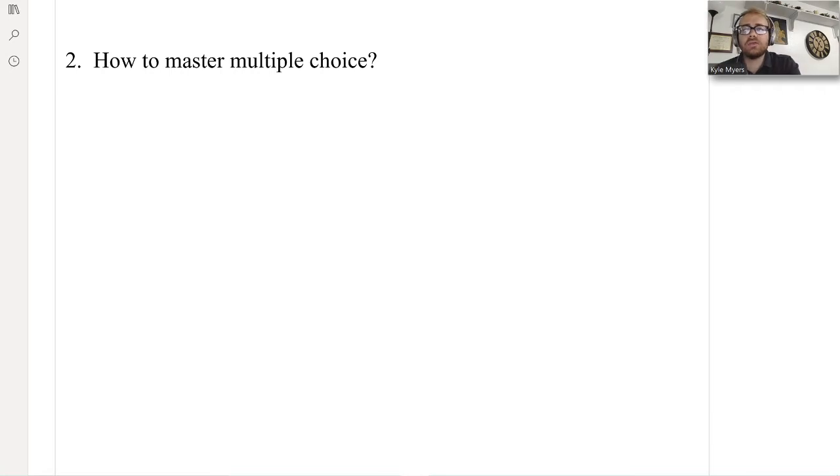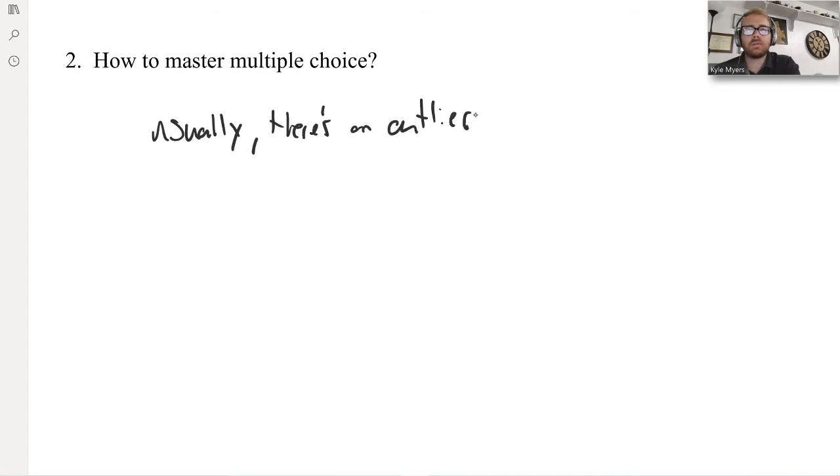Usually there's an outlier. The common misconception about outliers is that they're always wrong. It's not true. Sometimes an outlier is the right answer, but usually there's an outlier.